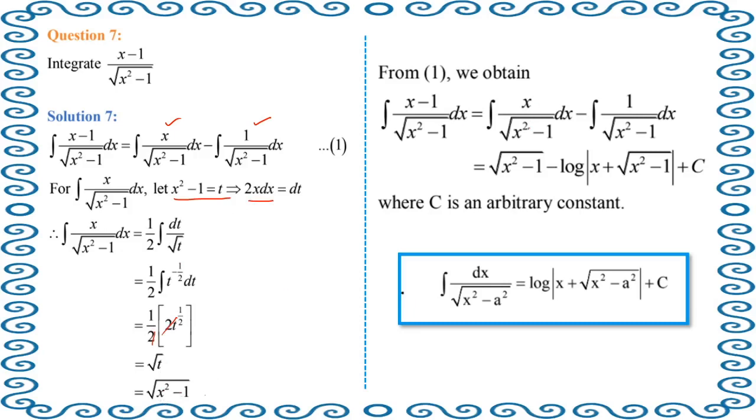So the first term is solved. This is equal to under root x square minus 1. And the second term is straight away this formula, 1 upon under root x square minus a square, which is equal to log mod of x plus under root x square minus a square, plus c. So this is the answer.